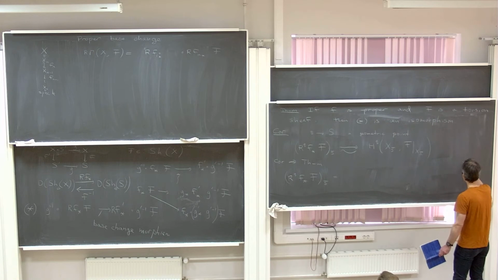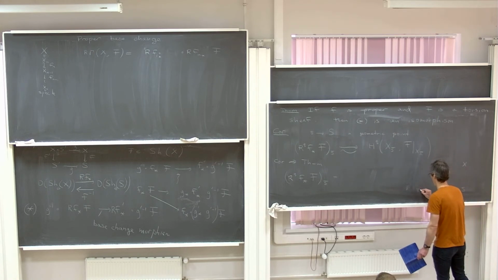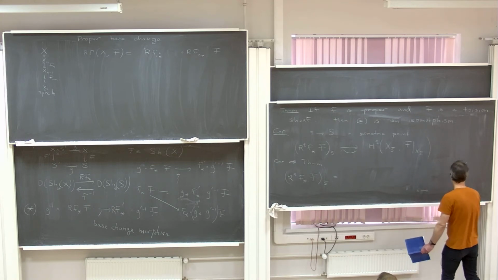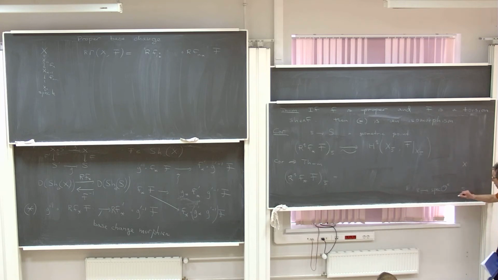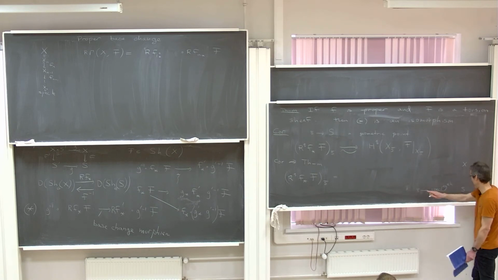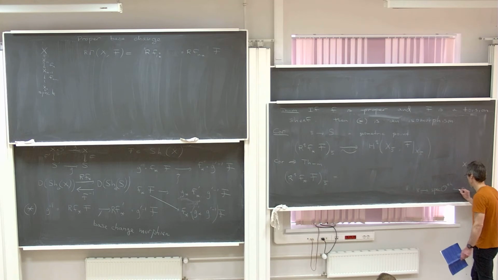You have X, you have S, you have S bar. This is the geometric point. And this map to S factors through the spectrum of the strict Henselization, kind of an étale neighborhood of this point S bar in S. So this is S bar.